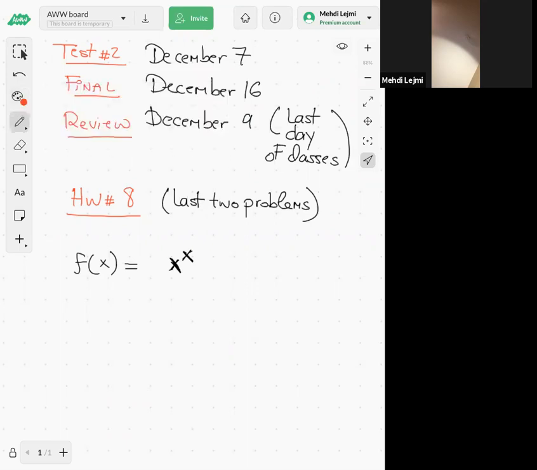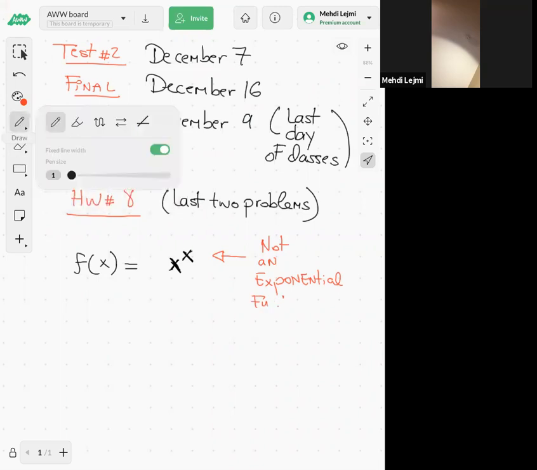This is not an exponential function, because when you have an exponential function, you would have some constant to the power x. For exponential functions, you would have like a to the power x, some constant fixed number to the power x.